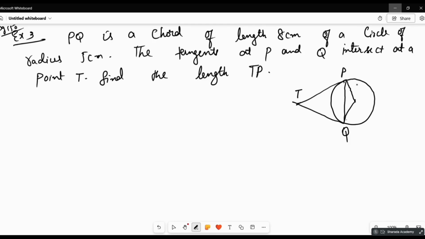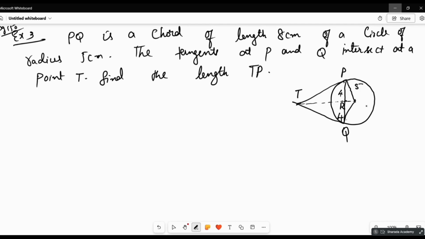So the radius is 5 centimeter. This point we call it as R. PR is how much now? 4. And QR is also 4 centimeter. Now you have to find PT length, which is also equal to QT length.